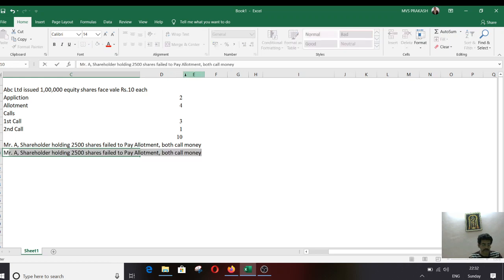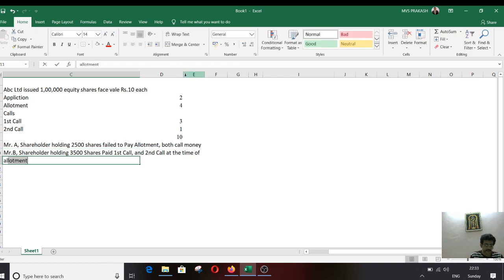Then let us consider Mr. B, who is also a shareholder holding 3500 shares, and who paid the first call and second call at the time of allotment.